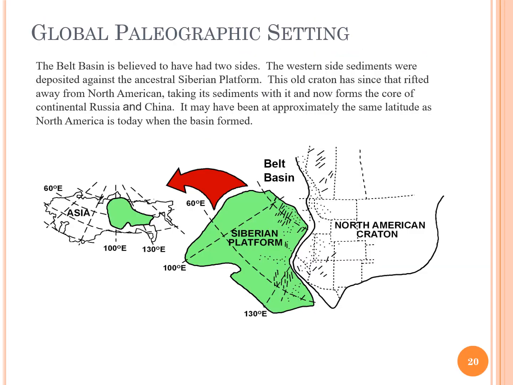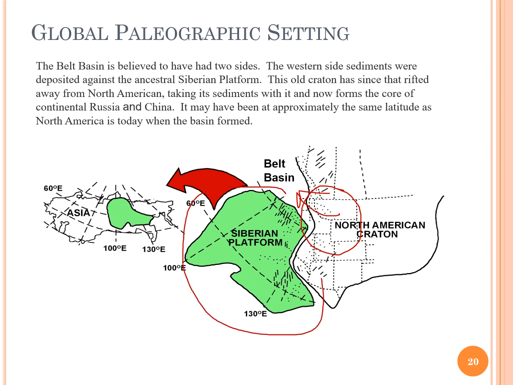Now, a little bit about the Belt Basin. There are real questions about where North America exactly was 1.5 billion years ago. If we're seeing the east side of the Belt Basin, the piece that includes Montana and Idaho filling in this big open marine inlet, what happened to the west side of the basin?